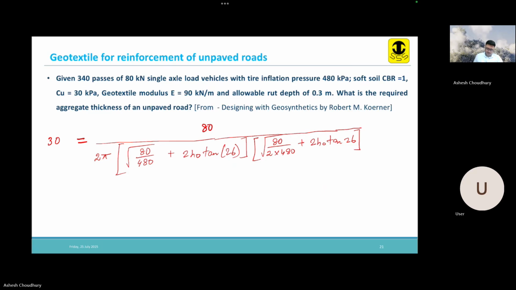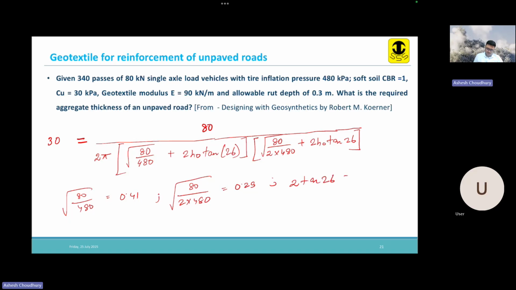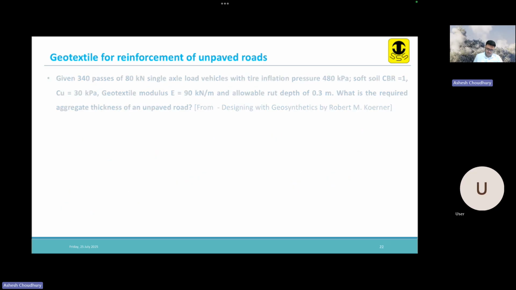So now we have 80 by 480 is 0.1, 480, that's 0.29 into 1026. This value is 0.9. So now let us substitute the values.